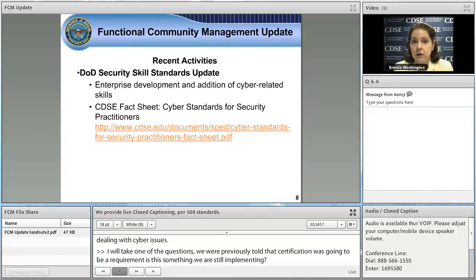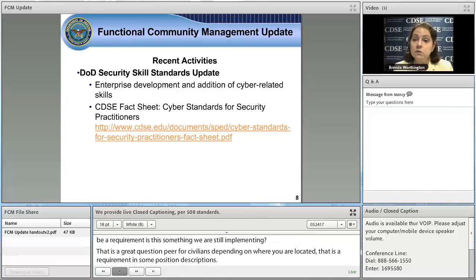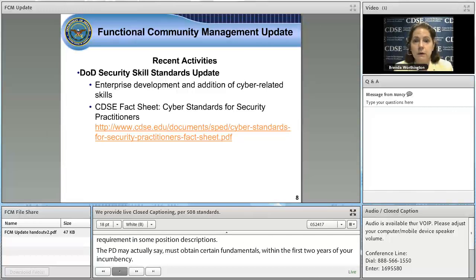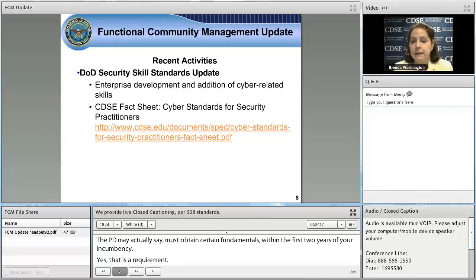So the PD may actually say must attain Security Fundamentals Professional Certification, SFPC, within the first 2 years of your incumbency. So yes, that is a requirement. It's being implemented at different speeds, at different components within different HR systems, but that is a requirement going forward. And if that doesn't answer your question, please follow up.